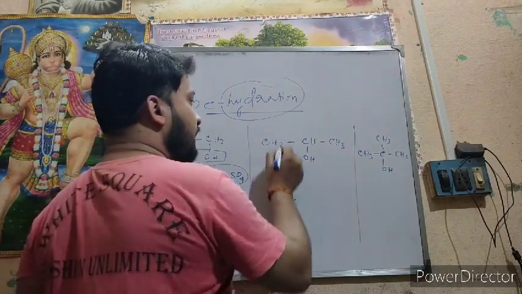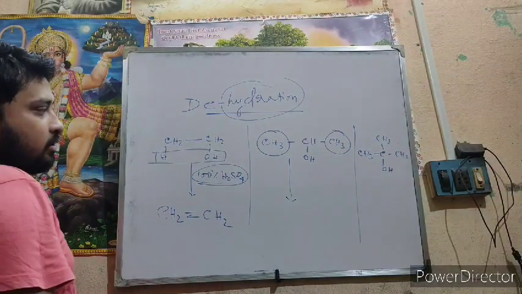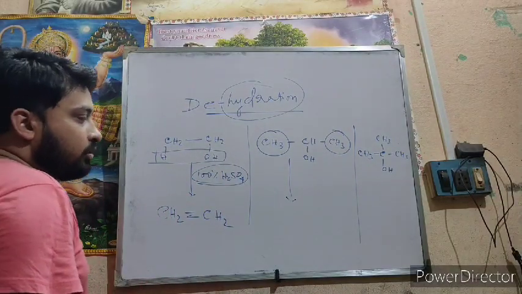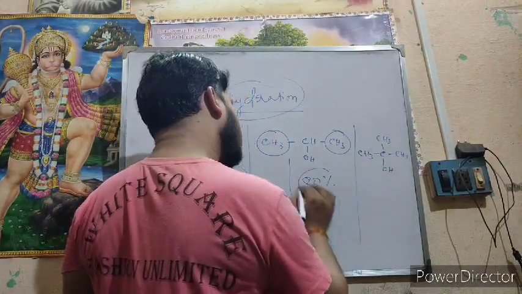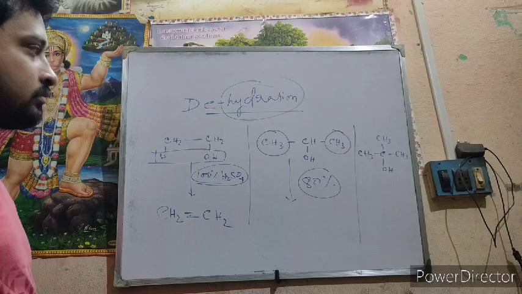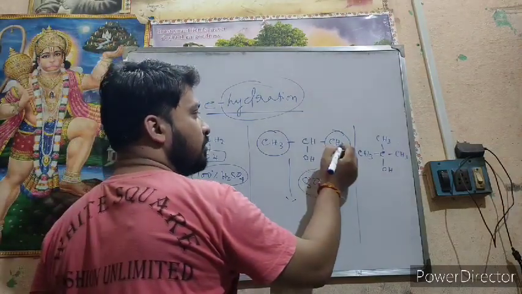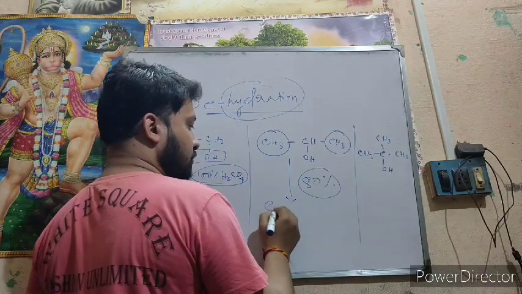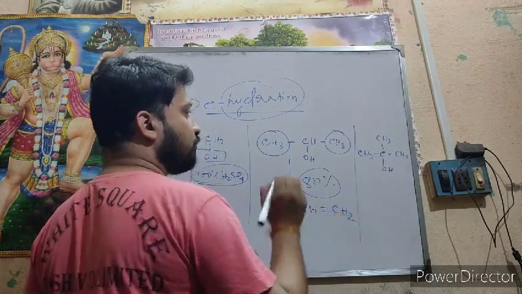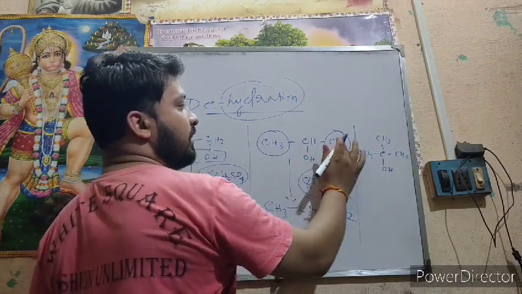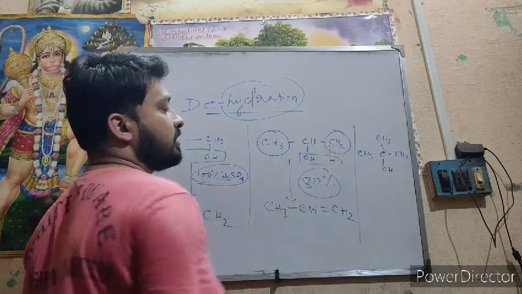For 2 degree alcohol, 2 bulky groups are here. So for 2 degree alcohol, you need 80% concentrated H2SO4. The product is, if you remove the hydrogen from here, CH3CH=CH2, as OH is removed along with H, so you remove this water and the double bond is here.